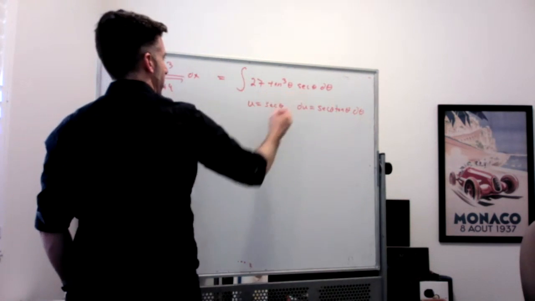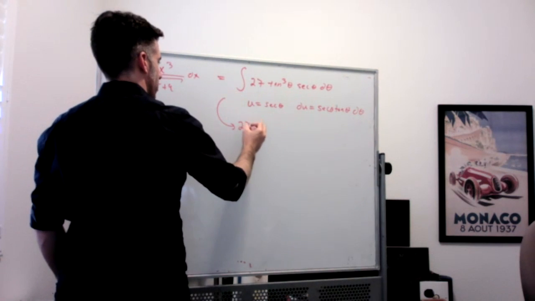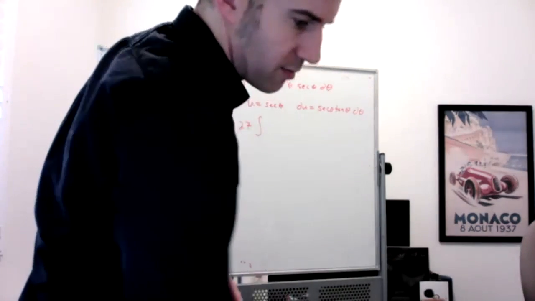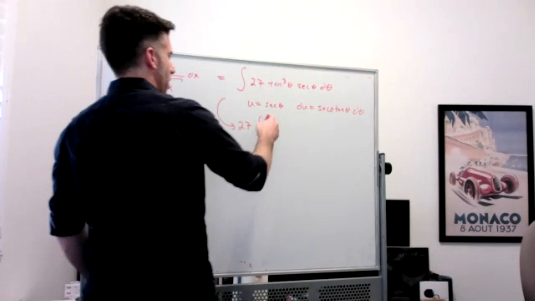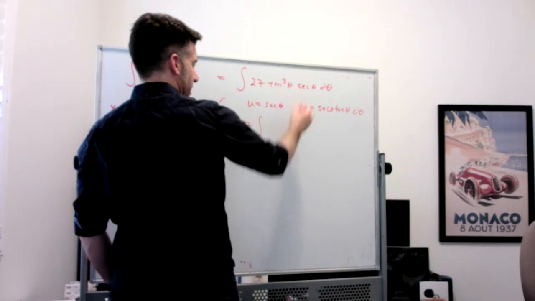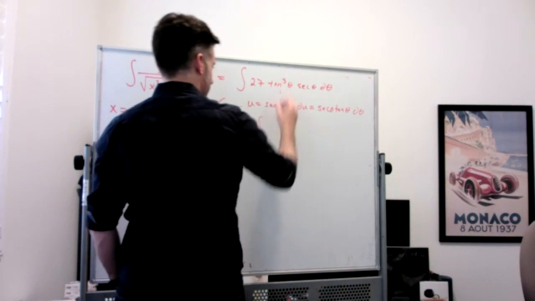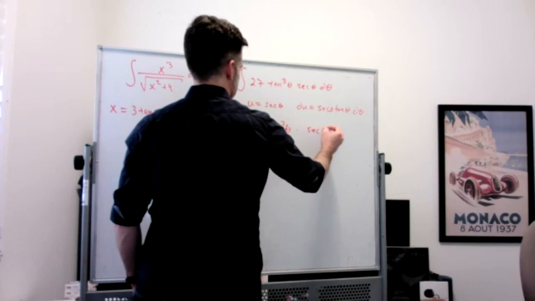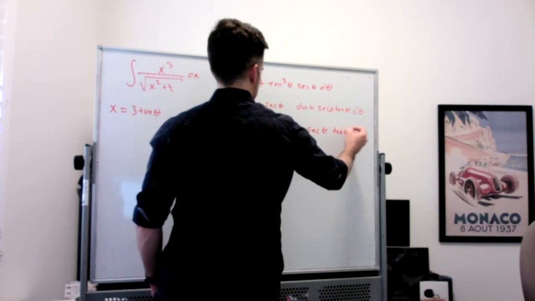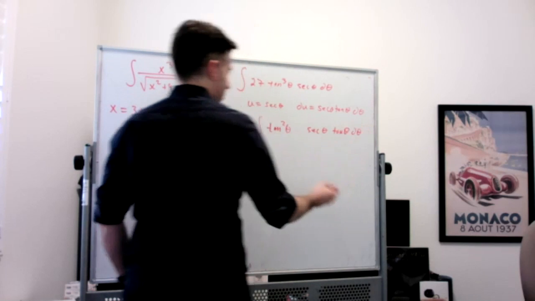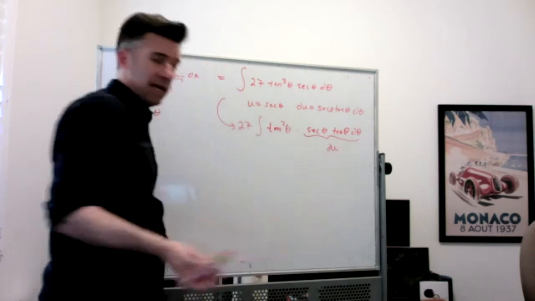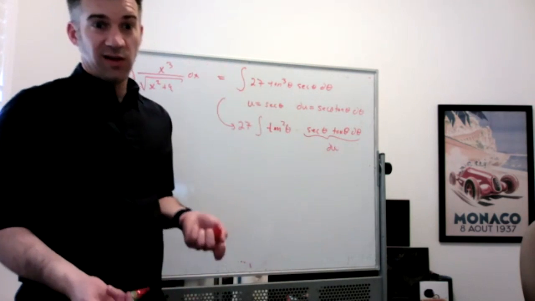So breaking this apart, we're going to get the tangent squared times a secant tangent. Okay, there's my du. And tangent squared, well, 1 plus tangent squared equals secant squared.